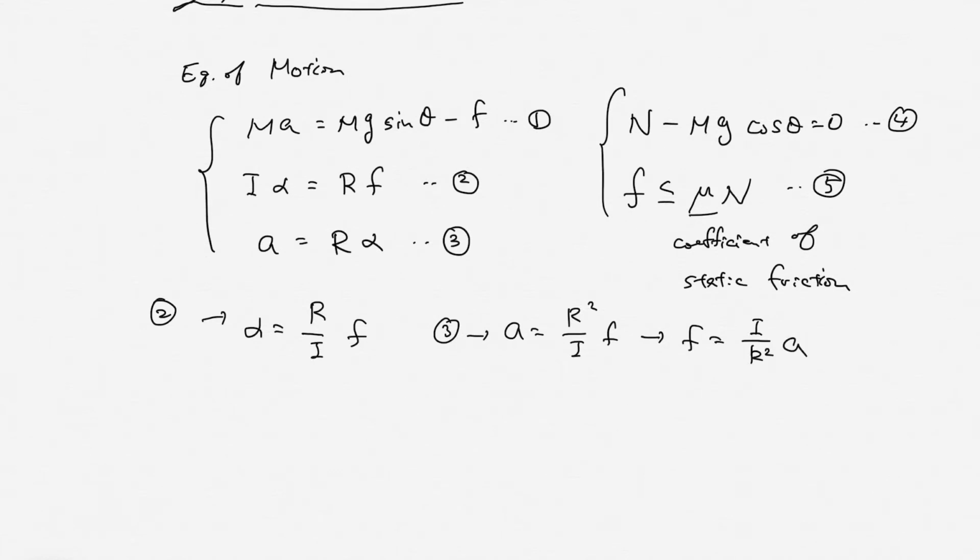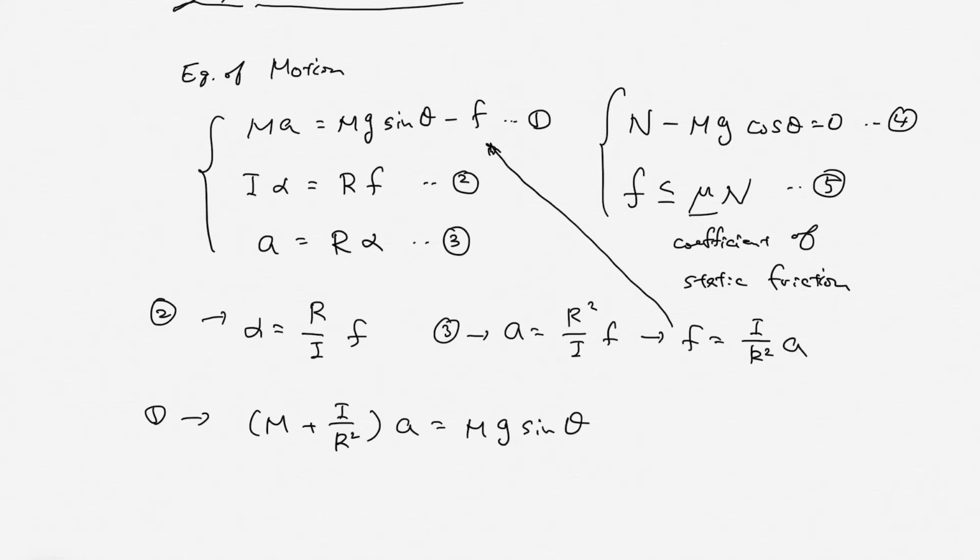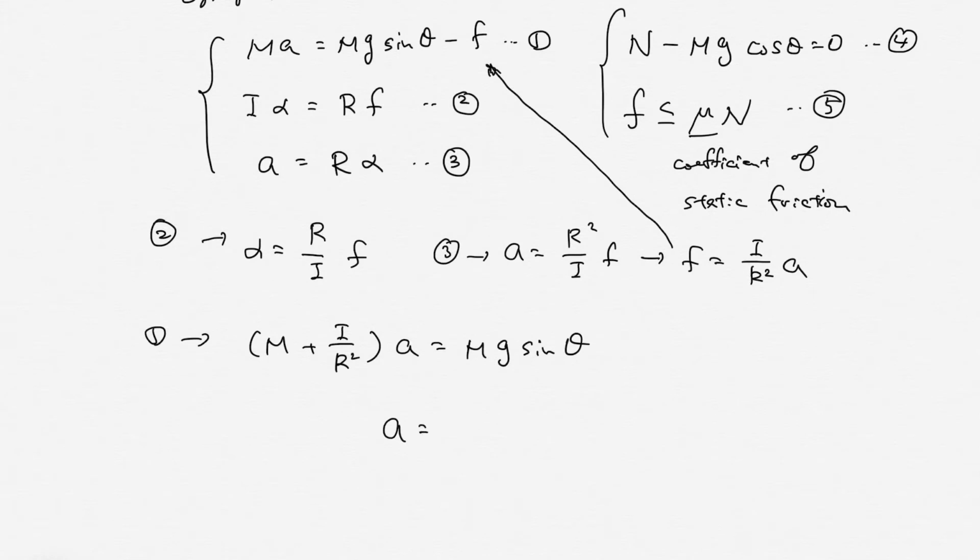Once you have this expression, you can substitute into equation 1. Equation 1 becomes m plus I over R squared, times a, equals mg sine theta. So the acceleration is m over m plus I over R squared, times g sine theta.